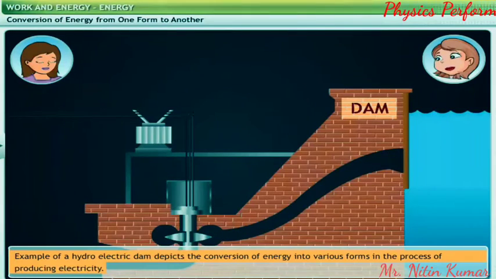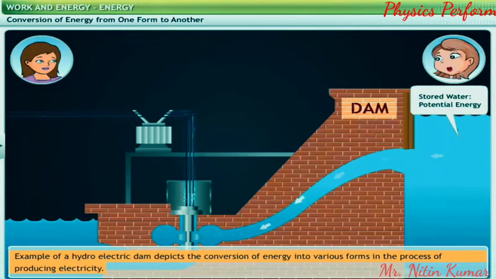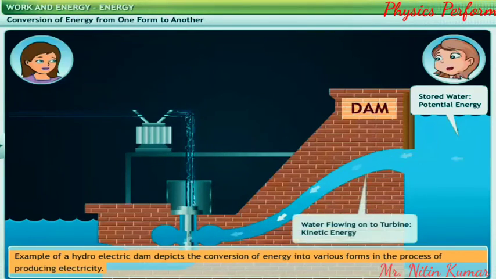A good way to understand conversion of energy is to examine how electricity is produced in a hydroelectric dam. The stored water in the reservoir of the dam possesses potential energy. When the stored water of the dam is released into the turbine through the penstock, the potential energy of the water is converted into kinetic energy.